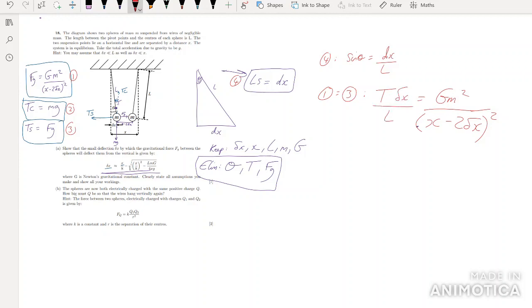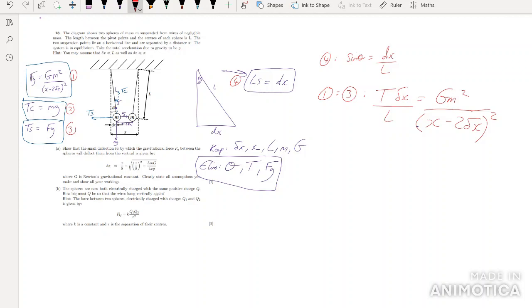I know I'm going quite slowly, but I want to emphasize that I'm still not worrying about getting into this form in particular. I'm just worried about getting the right sort of letters, and the form itself will happen automatically. So, we've done that. Now we need to get rid of T, because we've got rid of FG and theta.